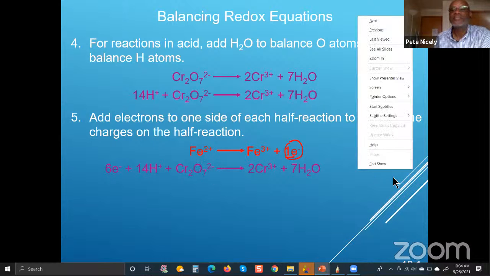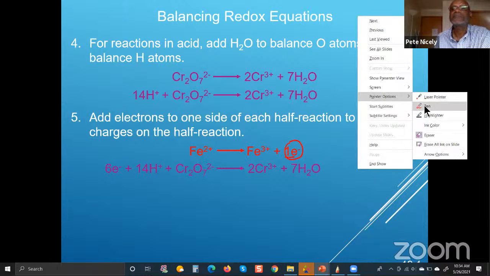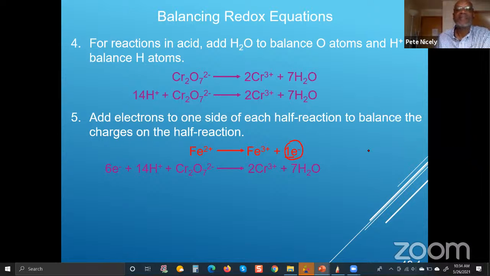For the second half equation, you'll notice that before we add these electrons, you have a total of plus 14 minus 2 for these 2 negative charges here.